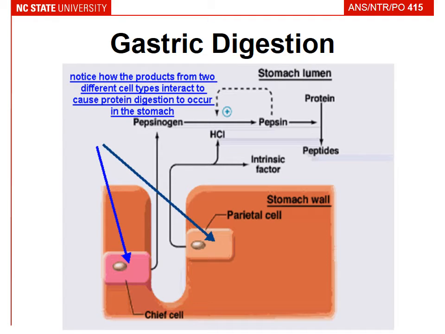So here's a schematic of gastric digestion. Here we have our chief cells within these crypts in the stomach, and we have our parietal cells. The chief cells are secreting pepsinogen. The parietal cells are secreting hydrochloric acid. I would like to note that they are not secreting hydrochloric acid specifically.